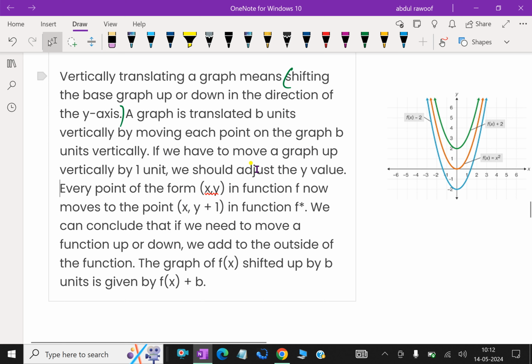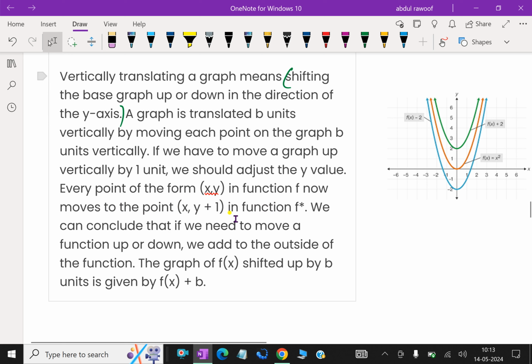If we have to move a graph up vertically by 1 unit, we should adjust the y value by 1 unit. Every point of the form (x, y) in the function f now moves to the point (x, y plus 1). That means it moves in the y direction, and in the x direction there is no movement.